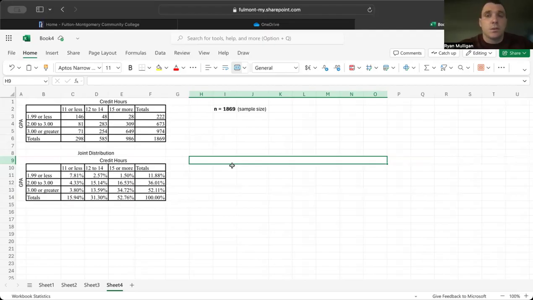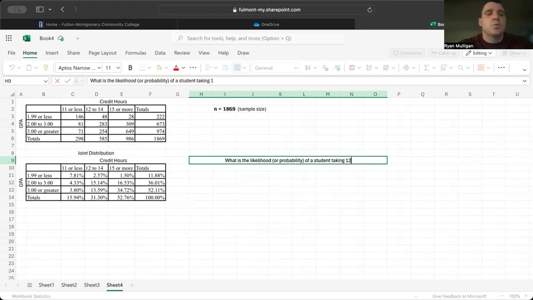The question might pose as, what is the likelihood or the probability of a student taking 12 to 14 credits and receiving a 3.00 or greater?